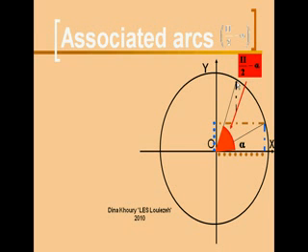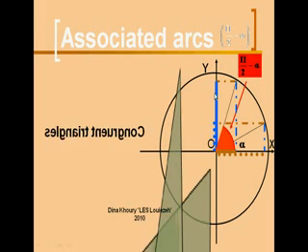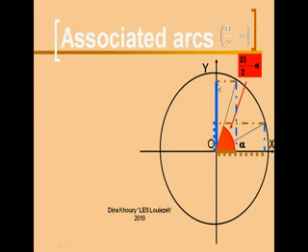We do the same for angle pi over 2 minus alpha, and this segment here represents cosine angle pi over 2 minus alpha, and this one here represents sine pi over 2 minus alpha.